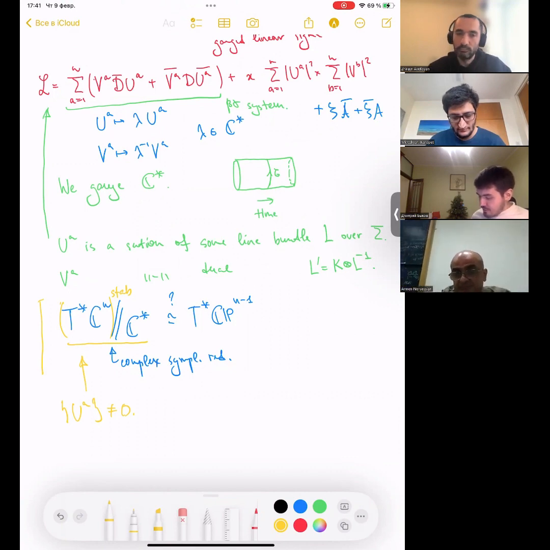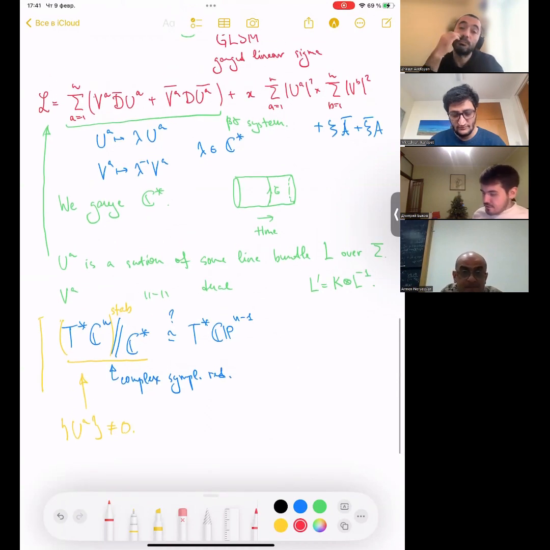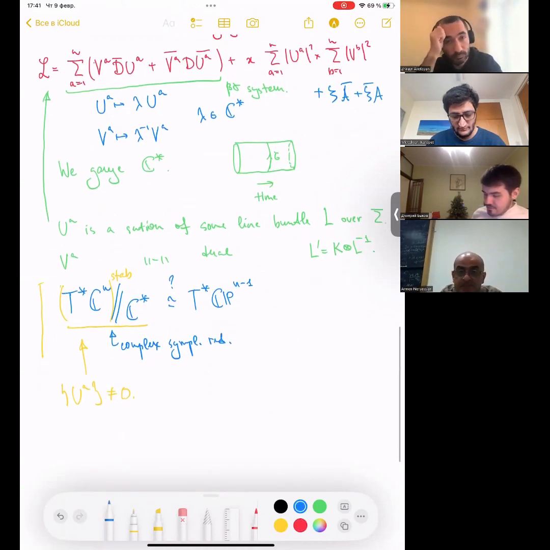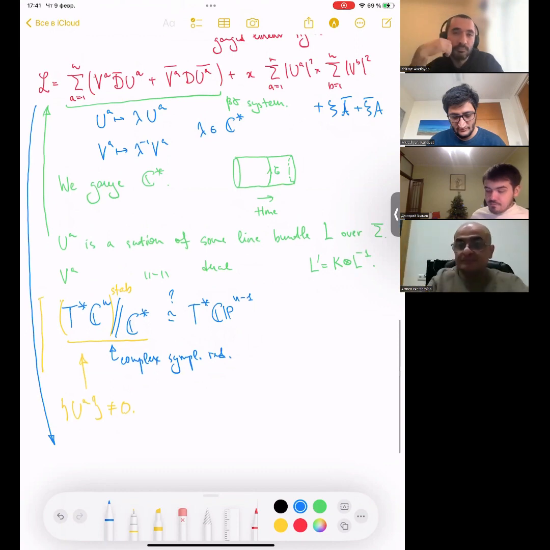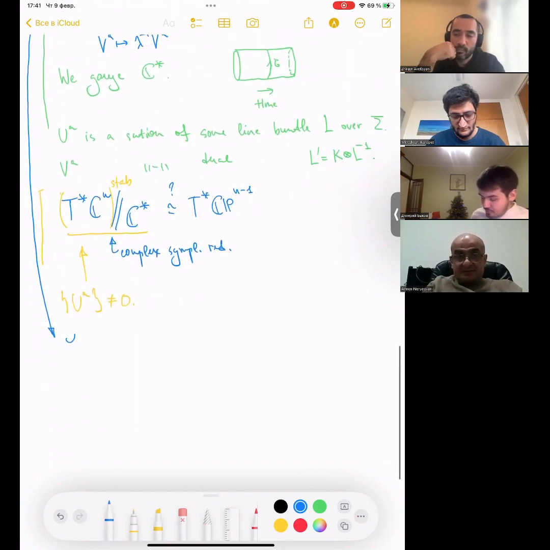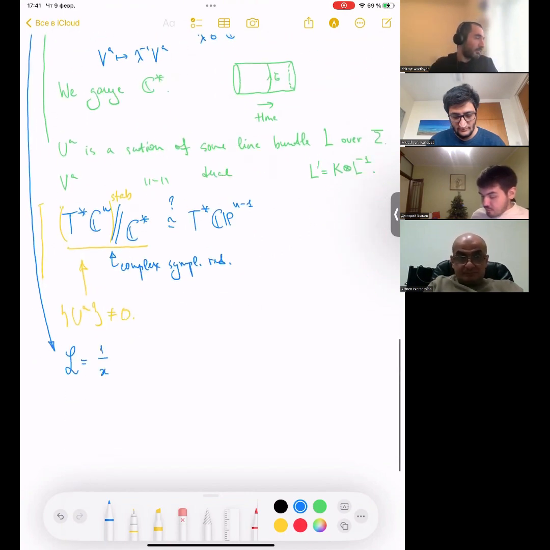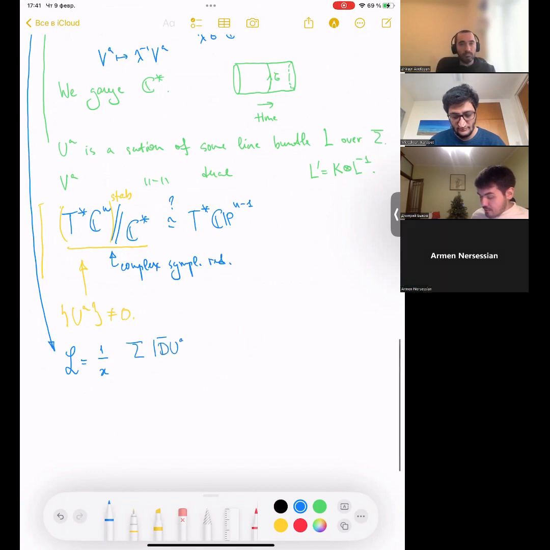I can just directly show you what you get out of this construction, right? So you take this Lagrangian here, and let us exclude the V variable. Let us go to second order formalism, right? We can also discuss the first order formalism. So then you get L equals 1 over kappa, sum over V bar U_A.